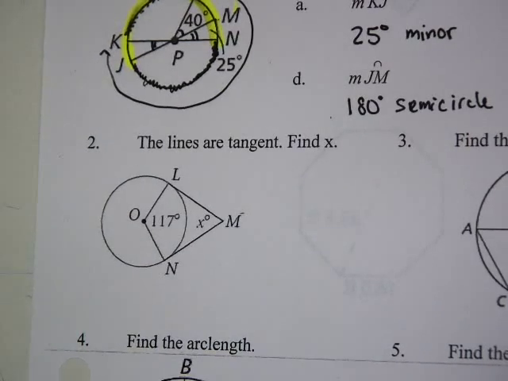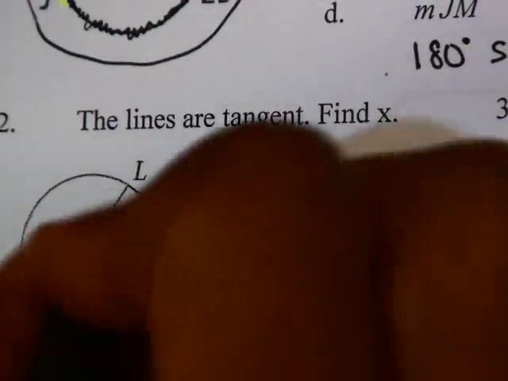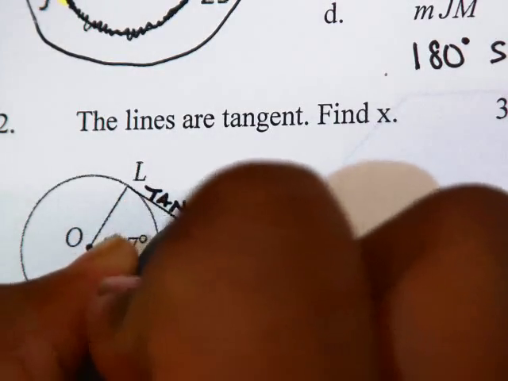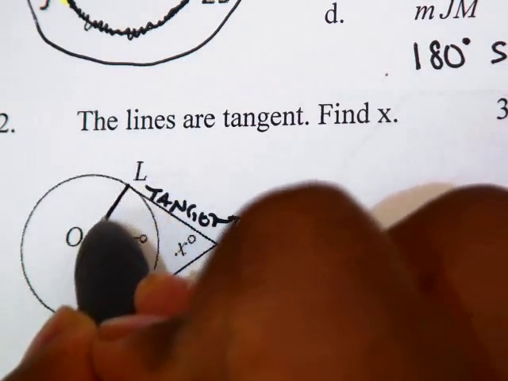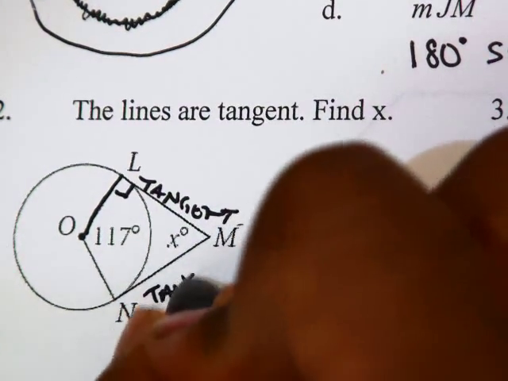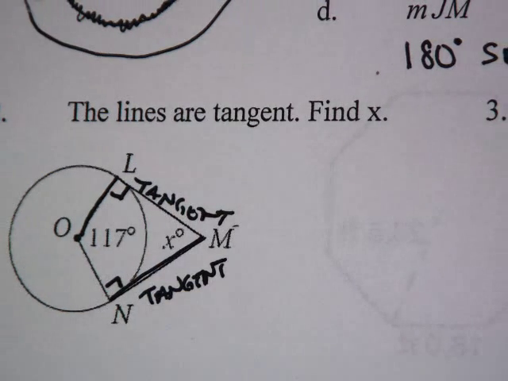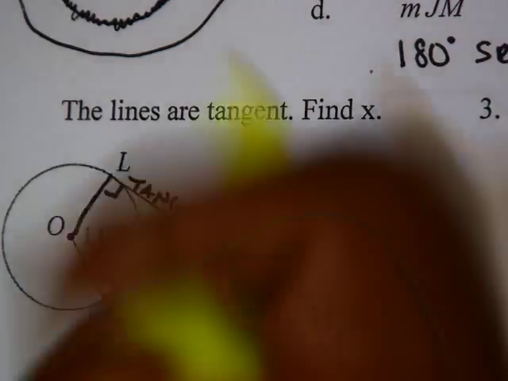Number 2, it says the lines there that look tangent are tangent, and I'm supposed to solve for x. Well, here's a tangent line. And anytime a tangent line meets a radius, it forms a 90-degree angle. This is another tangent line, and if it meets the radius, it forms a 90-degree angle. So what we have is a four-sided shape.